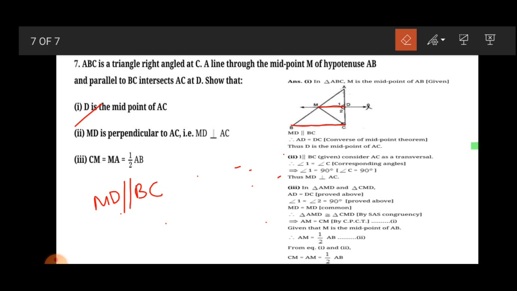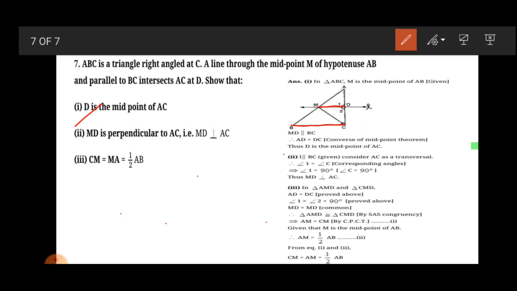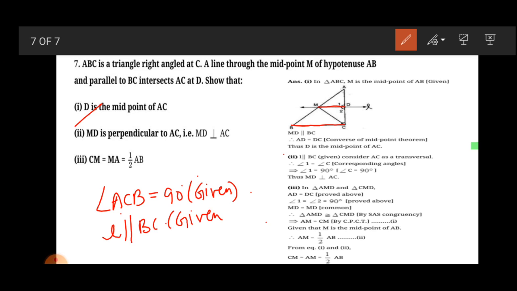Now second part, MD is perpendicular to AC. Angle ACB is equal to 90 degrees, given, and line L is parallel to BC, this is given, and AC behaves as transversal.